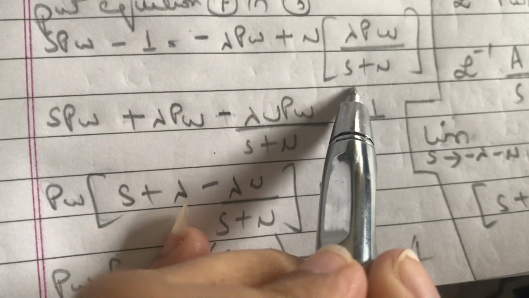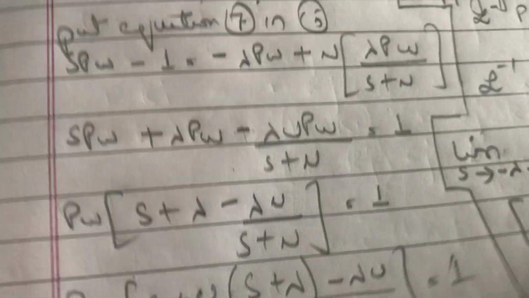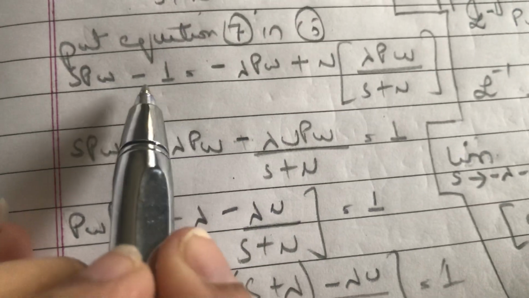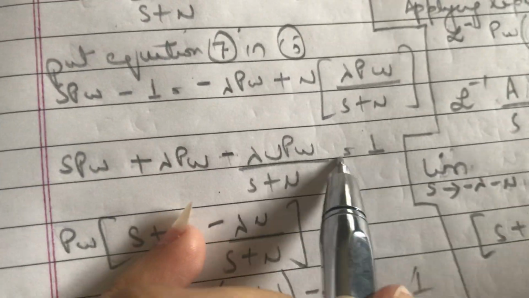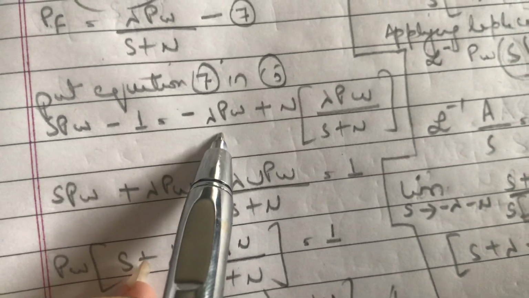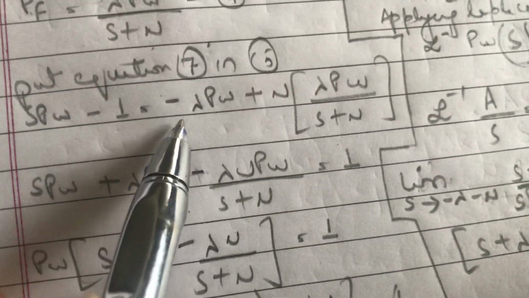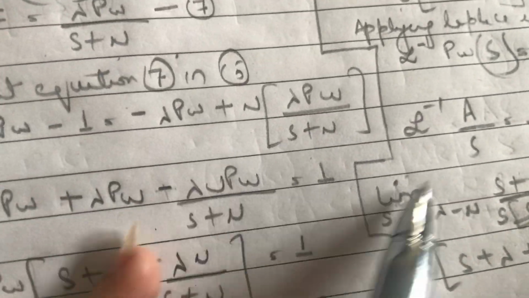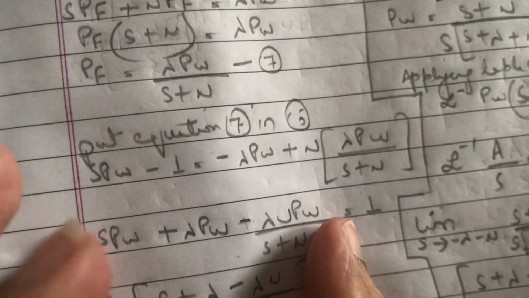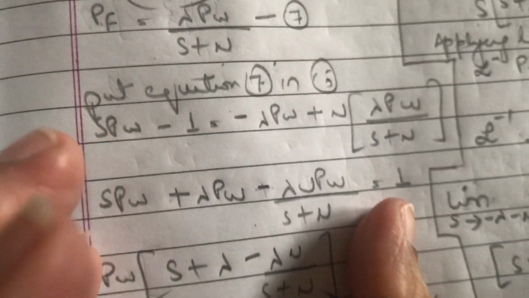So what's next? First of all, we bring this one, which was a separate one, here, so the minus becomes plus, and this thing here, we bring it here, so that all the pw's come together.